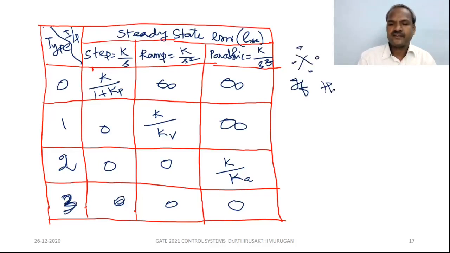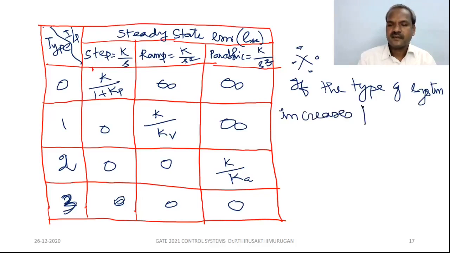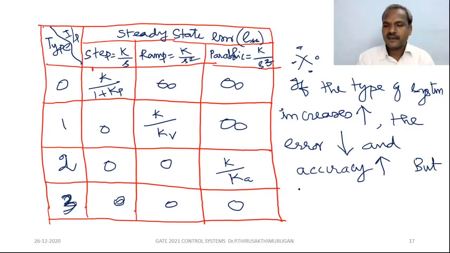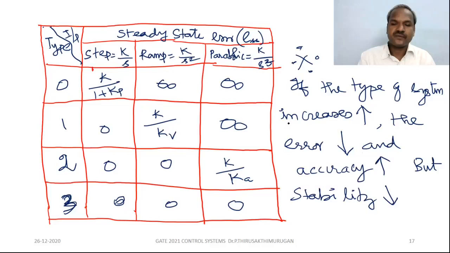If the type of the system increases from 0 to 1, 2, 3, etc., the steady state error decreases and accuracy increases, but the main important thing is that stability decreases.